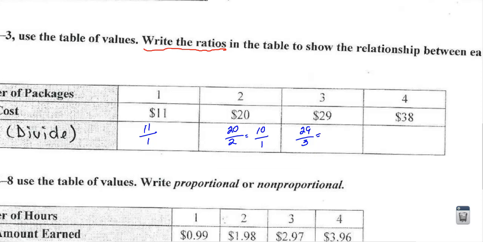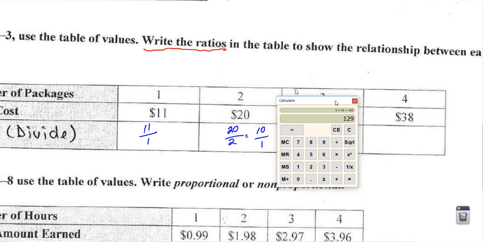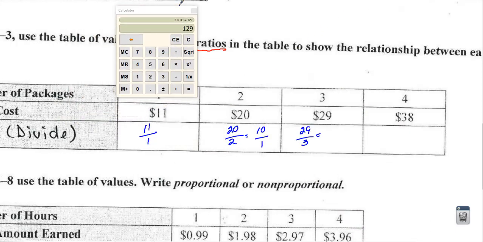I am going to want that calculator. Might as well use real tools here for these problems. So I'm going to use the calculator, and that tells me that if I have 3 packages for 29, 29 divided by 3 is $9.67 for a package. The unit rate would be $9.67.